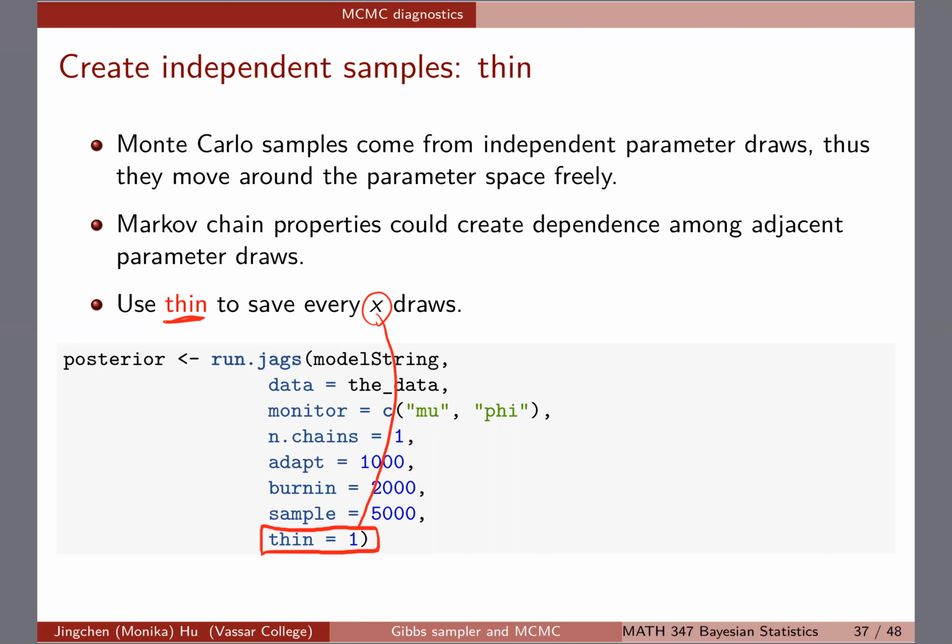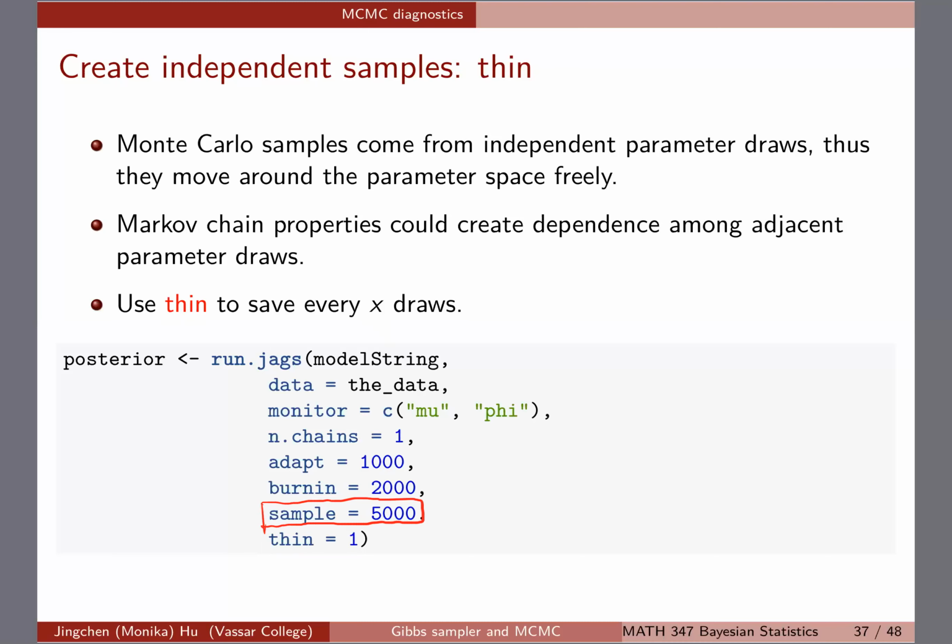But if you see situations where you have really high autocorrelation, then you will increase this value to be 10 or 50 or even 100 or even larger, depending. And that will help you to give the final independent draws. One thing to keep in mind, something special about JAX, is that whenever you sample, say 5,000, you're going to have 5,000 draws in the end.